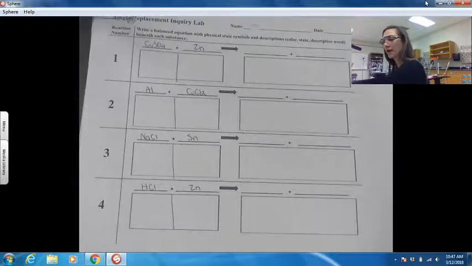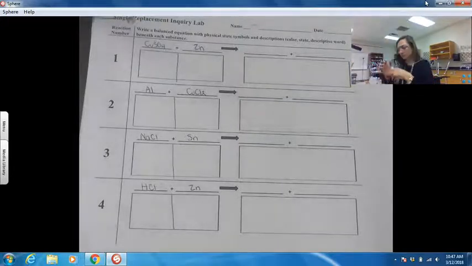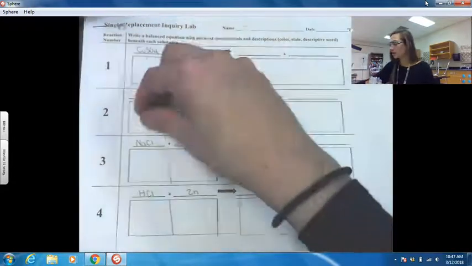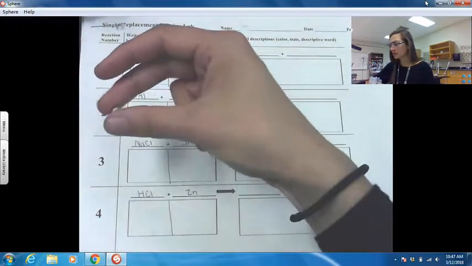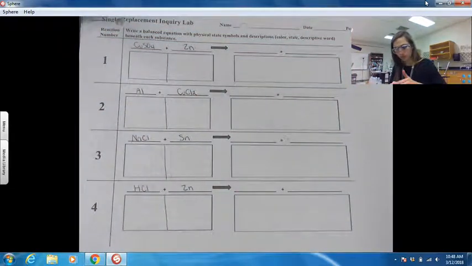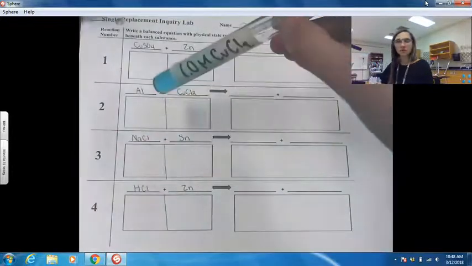Next we have aluminum. This right here is aluminum. Again, it's silvery in color. This one is more of a ball, and again, is solid. And that one is reacting with copper 2 chloride, which is right here.